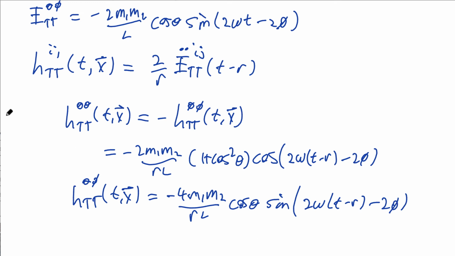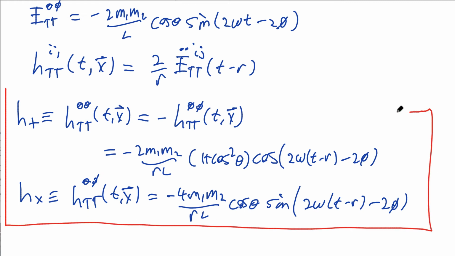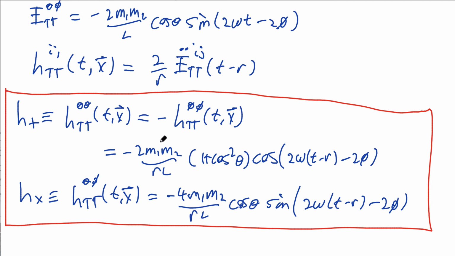Now these results just define the plus and cross polarizations of the gravitational wave. So a binary system consisting of masses m1 and m2 in circular orbit about one another emits gravitational waves with both plus and cross polarizations.